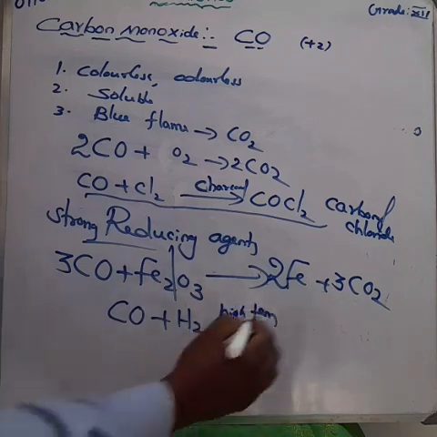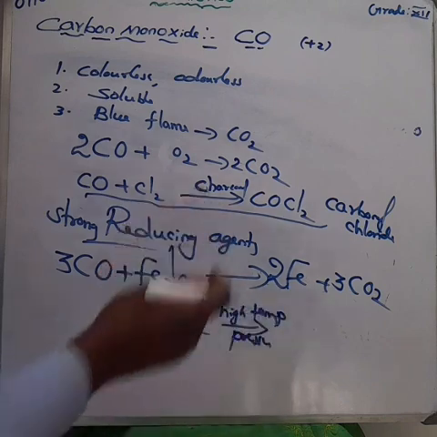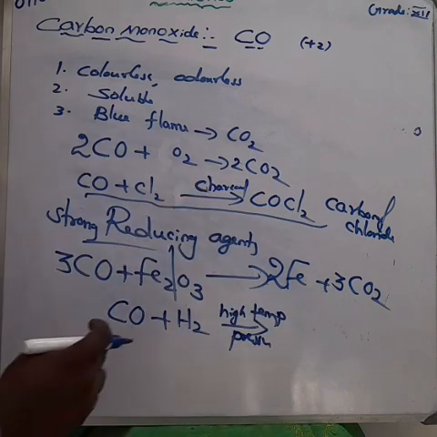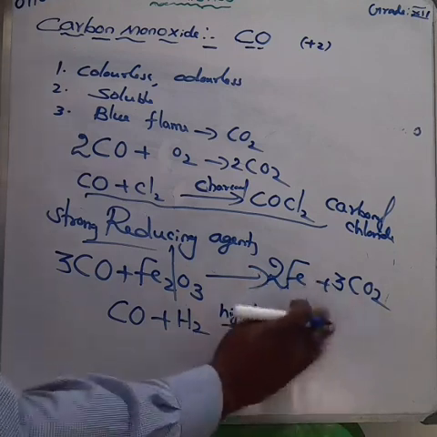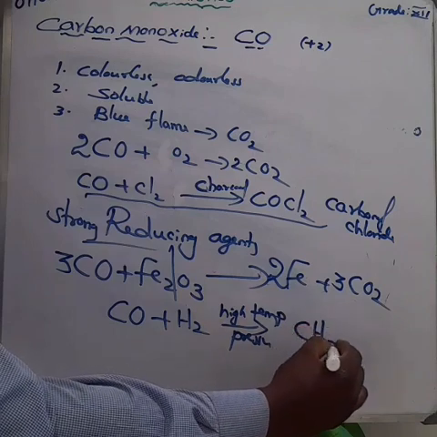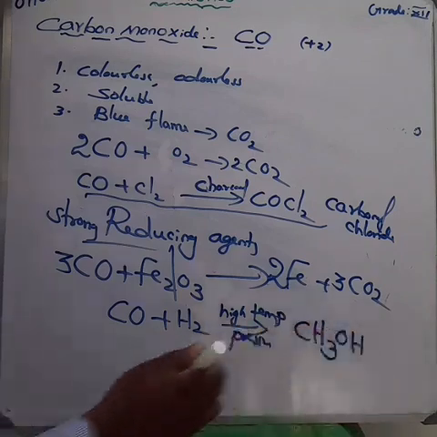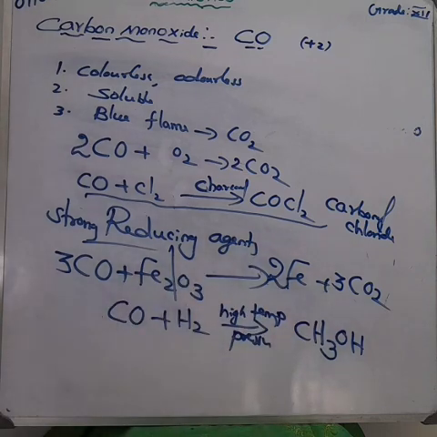Under high temperature and pressure, we get a gas called synthetic gas, which gives one of the products called methanol. What is the formula of methanol? CH3OH. The common name is methyl alcohol.